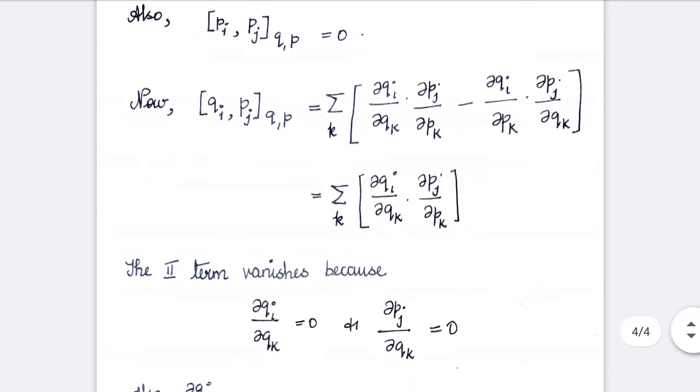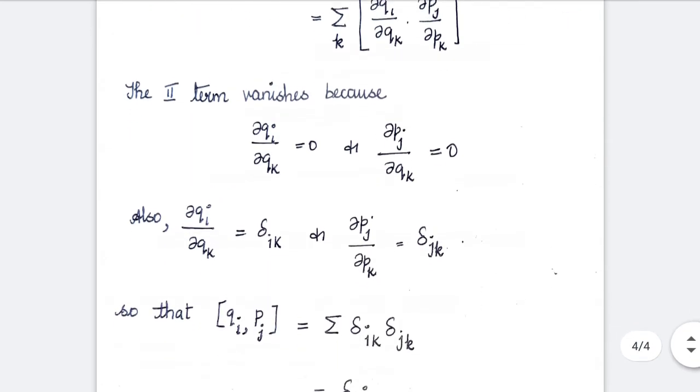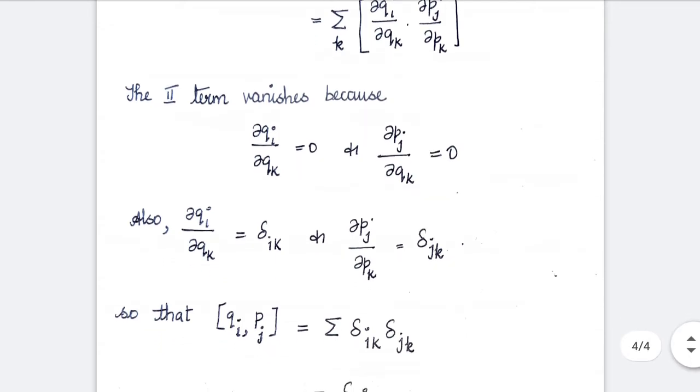So we will get the sum over k of dou Qi by dou Qk into dou Pj by dou Pk. We can also write dou Qi by dou Qk as delta ik, and dou Pj by dou Pk as delta jk. We know these deltas are nothing but the Kronecker deltas.